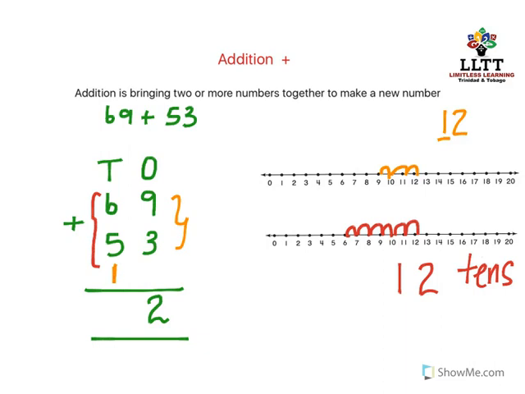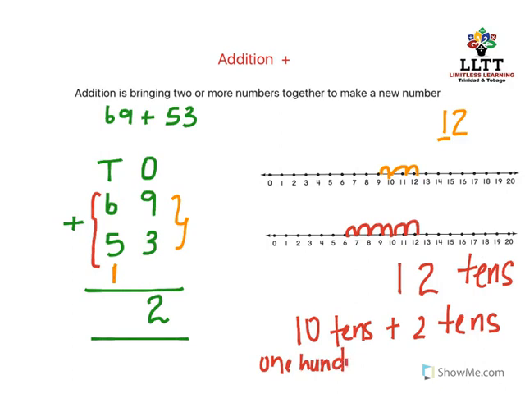12 tens is 10 tens plus 2 tens. 10 tens is the same thing as 100. So from our past lessons, that's the first lesson we did. Remember, 10 tens are 100.